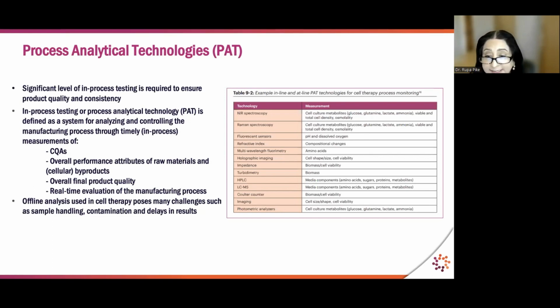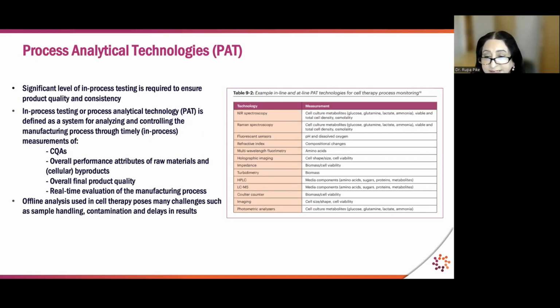You can see an example, again, from the book chapter of technologies and measurements in the PAT space. And some of them are used routinely, and some of them are still not as common, but becoming common.